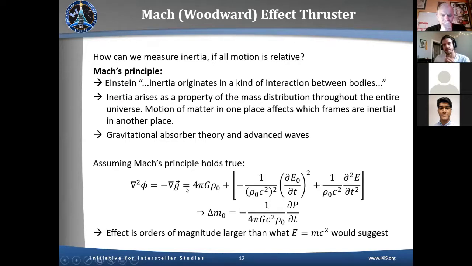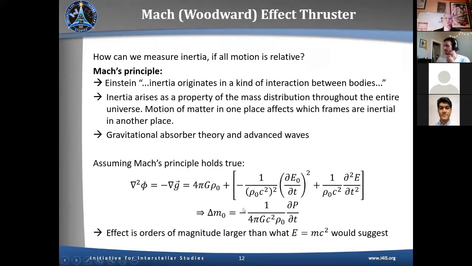you can write out a gravitational potential equation, which is here the first one, in which you have higher order terms. So this first one here, this 4 pi G rho 0, would correspond to your rest mass influencing the gravitational potential. And then on the right-hand side, you have higher order terms, where fluctuations in an object's energy can introduce fluctuations in the gravitational potential, or vice versa, fluctuations in the object's mass.